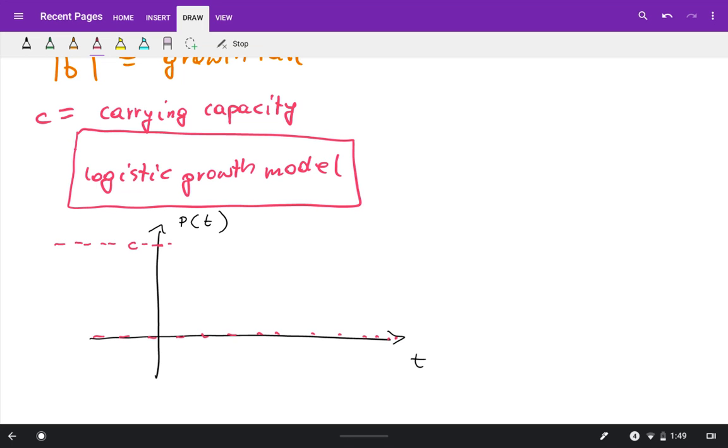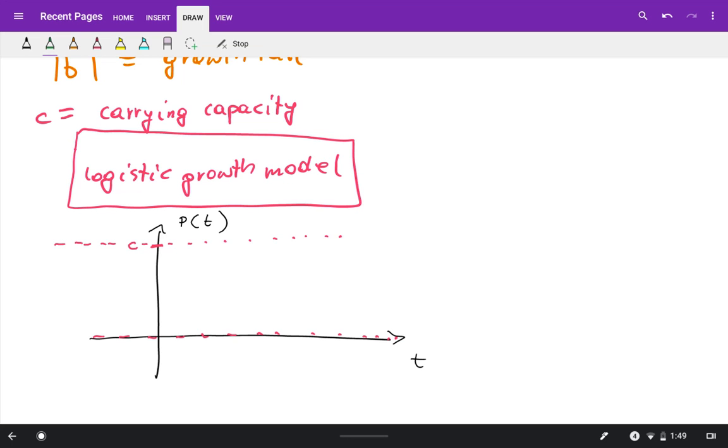So carrying capacity, your graph should not pass over carrying capacity. Okay, since we have increasing functions, you may think about carrying capacity as a limit. When time increases, that's the maximum capacity we can have in the population.